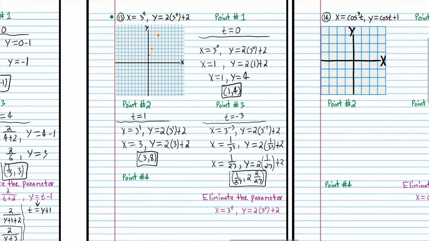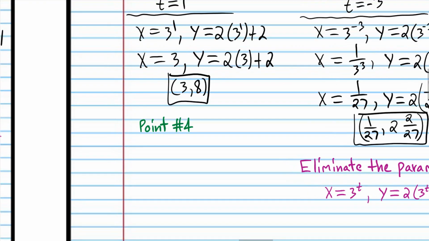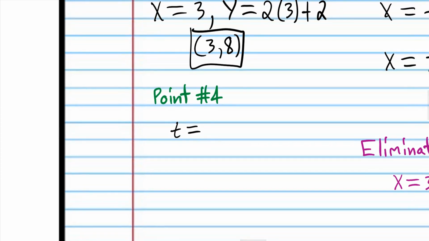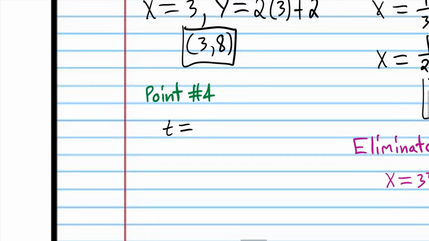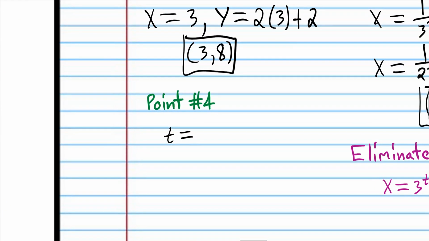And what else can we choose? Let's try, well, there's not much we can really do, to be honest with you, because t can only range from about 0 to, well, it can go into negative numbers, but maybe we can choose 1/2.